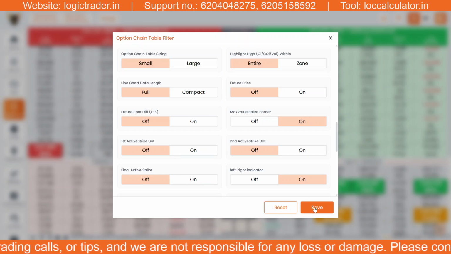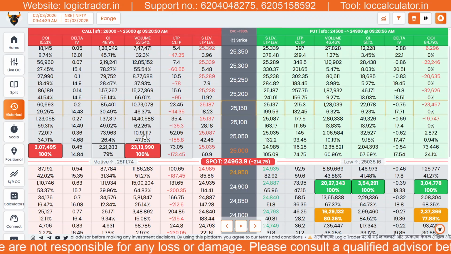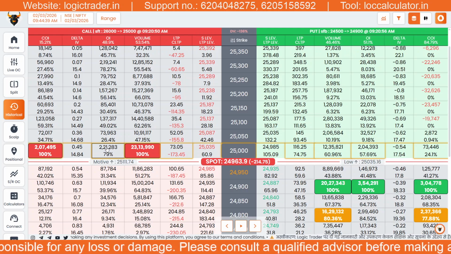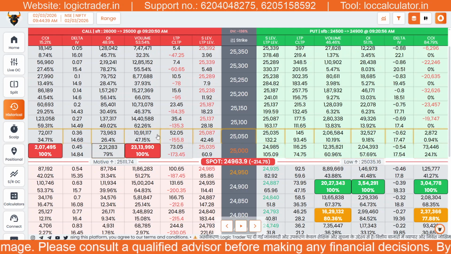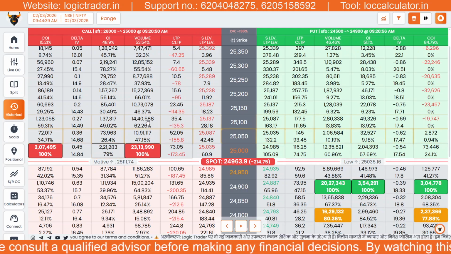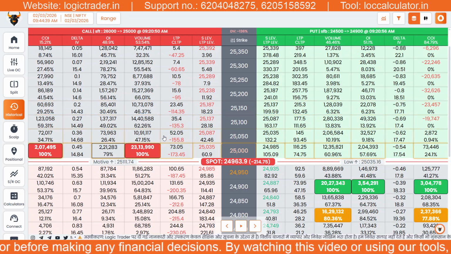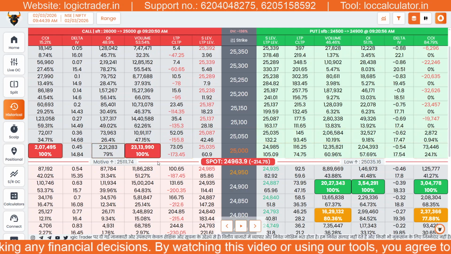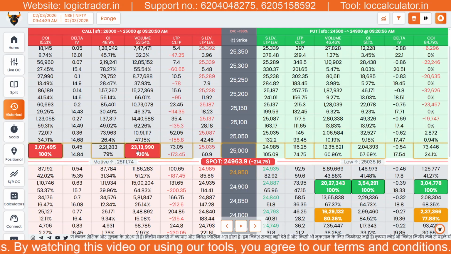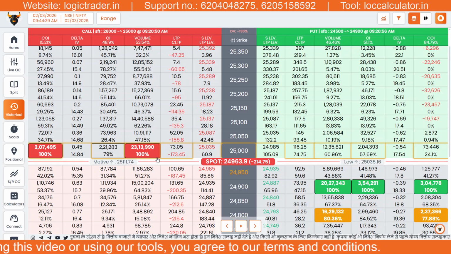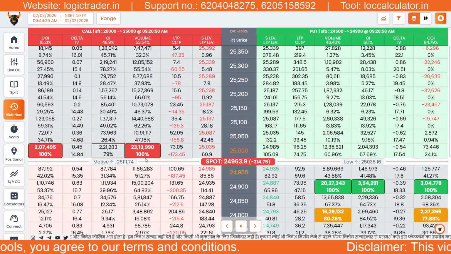After enabling it, you will notice that in the volume and OI cells, the strike where the maximum change has occurred compared to the previous time interval will be highlighted with a black border box. This border box helps you to quickly identify where the most significant activity is happening.